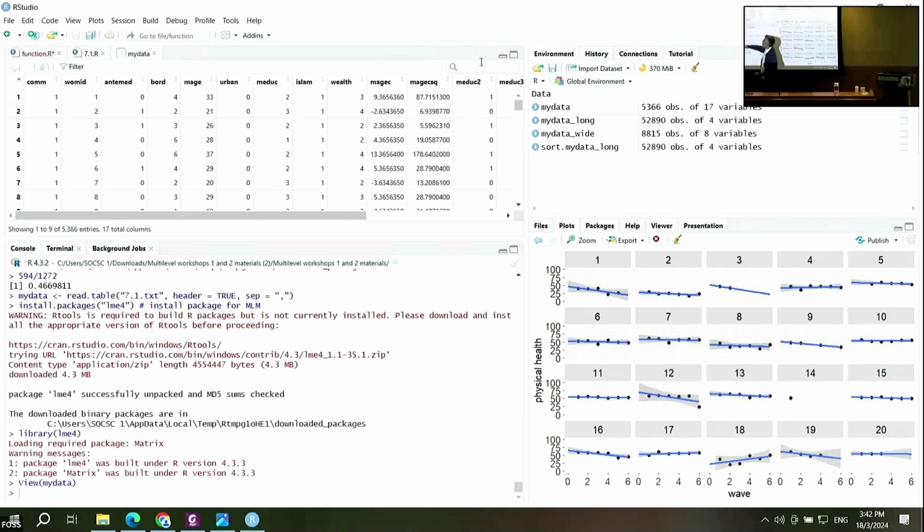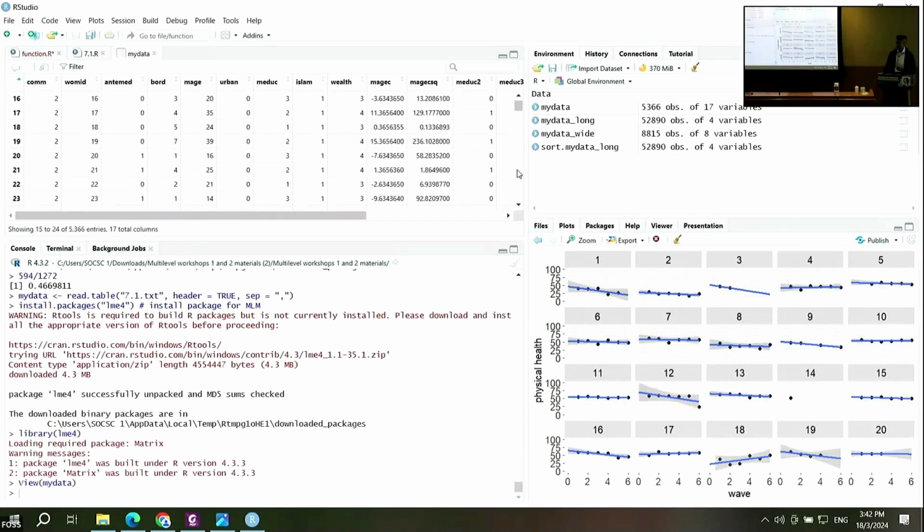You've got some identifiers over there, the community ID and the woman's ID. Each line refers to a different woman. So the woman's ID changes for every row, but the community ID stays the same, so all of these women in this top part of the data file belong to one community. As you scroll down, you'll see the community ID changing.